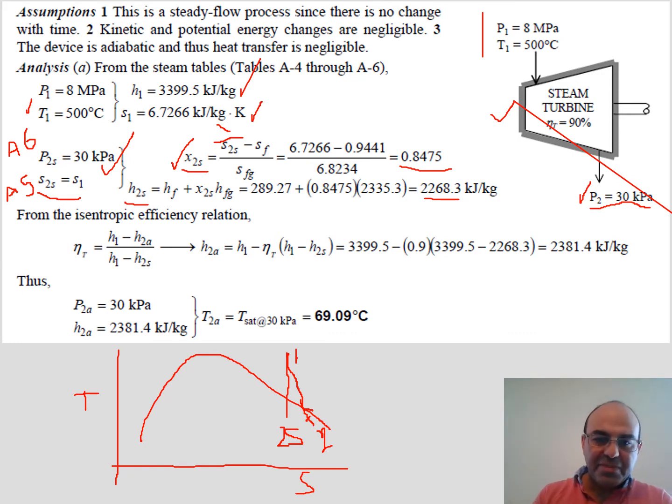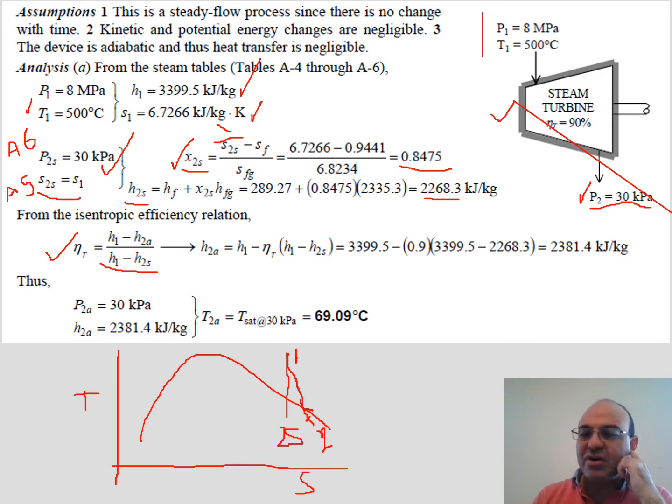Now for point 2S we do have the enthalpy. Here we can use the definition of the isentropic efficiency of the turbine, which is equal to the actual work in the numerator and the isentropic work in the denominator. Actual work is H1 minus H2A, and isentropic work is H1 minus H2S.